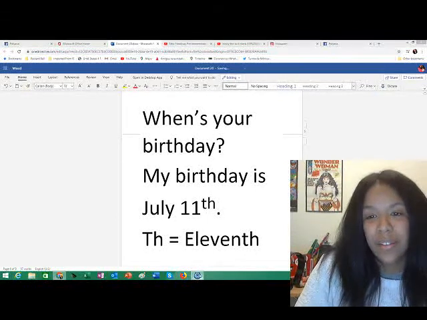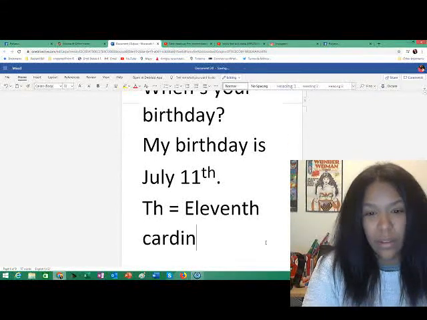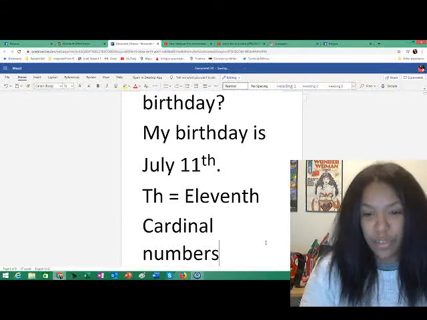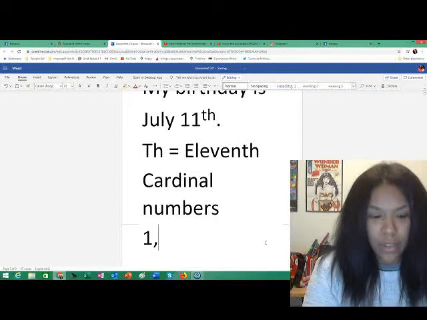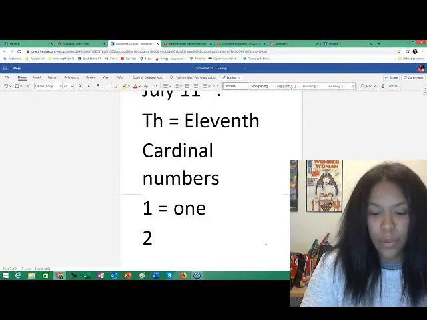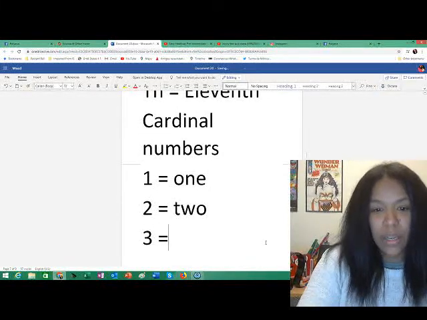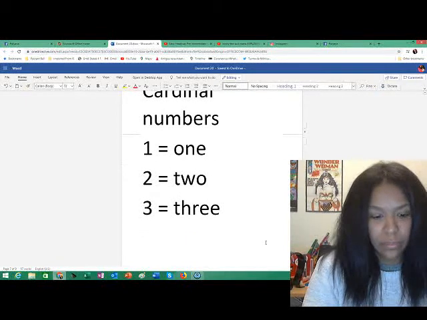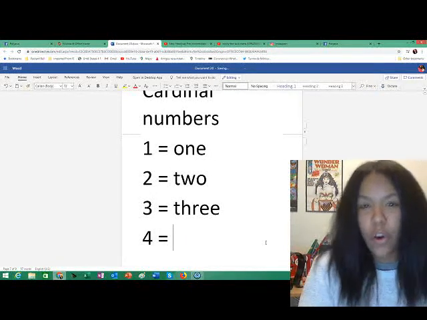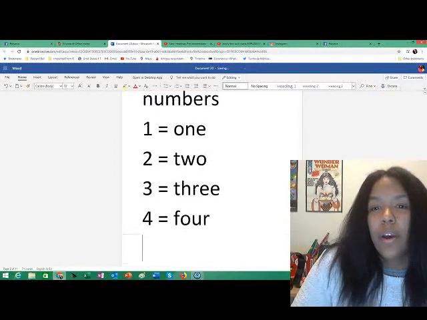So you have the cardinal numbers: 1, 2, 3, 4. Those are cardinal numbers.